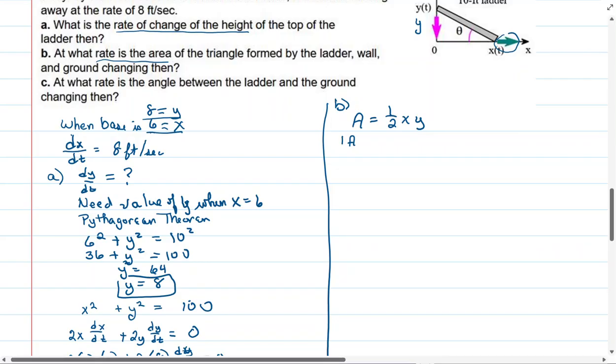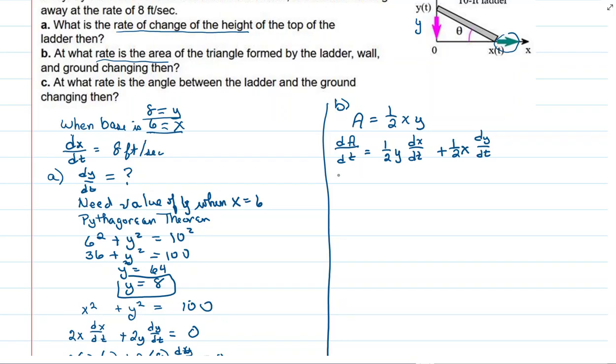So I want dA/dt equal to, I'm going to take x first, 1/2 y dx/dt. Then I'm going to do my y, 1/2 x dy/dt. And we're doing it all at the times that we know.